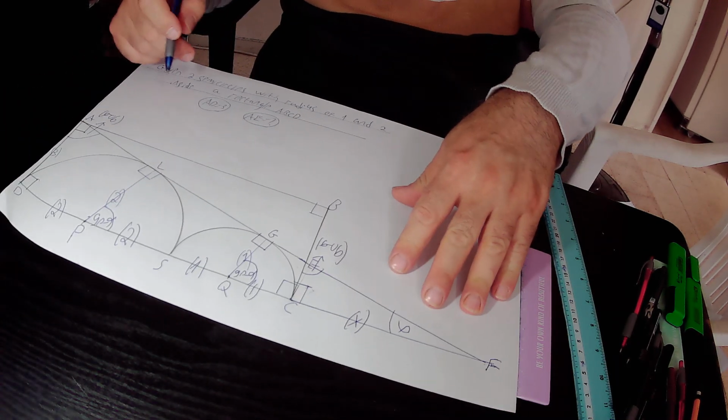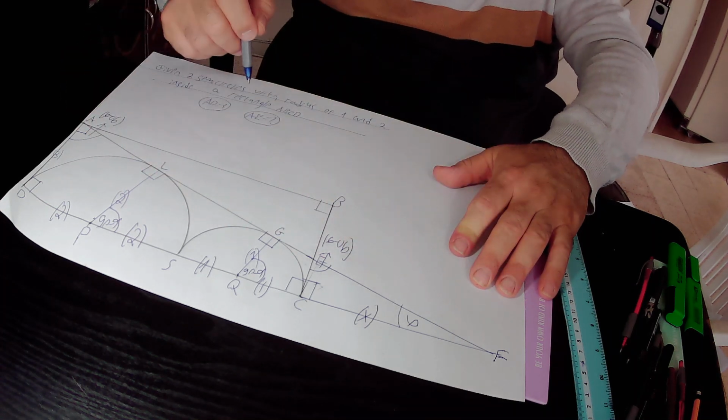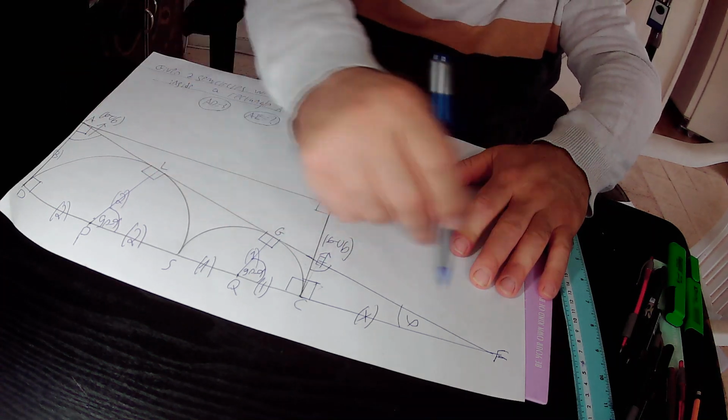In the next step, we prove that the right big triangle LPF is similar to the right small triangle GQF.